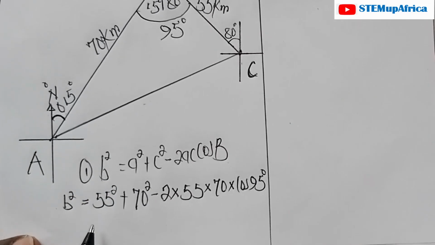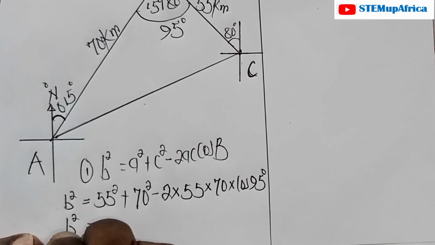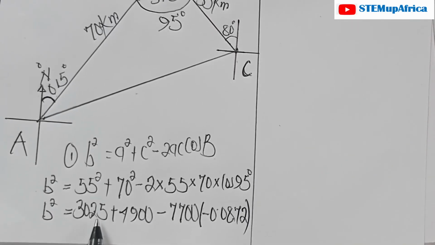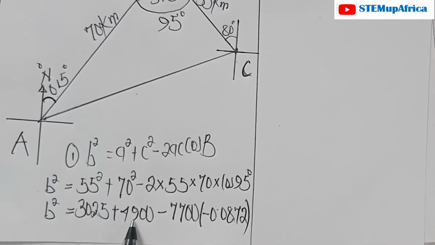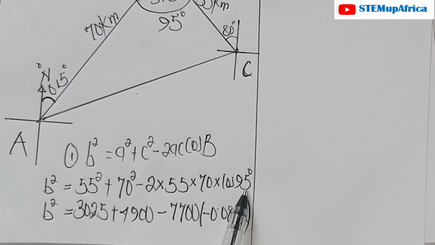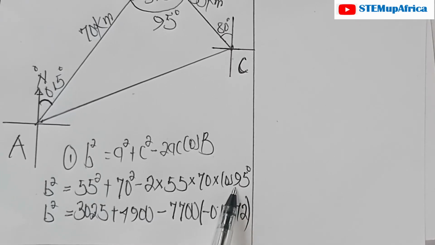So we're going to simplify what we have here using our calculator. If you square 55, it will give you 3025. If you square 70, you have 4,900. If you multiply 2 times 55 times 70, it will give you 7700. Cos 95 will give us minus 0.0872. 95 falls under the second quadrant, and cos in the second quadrant is negative.